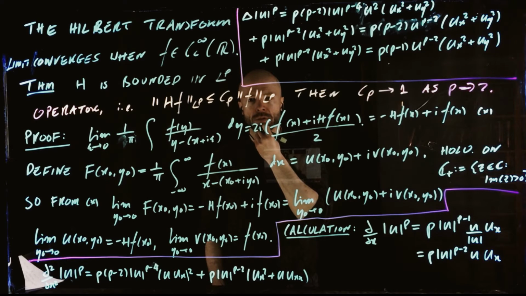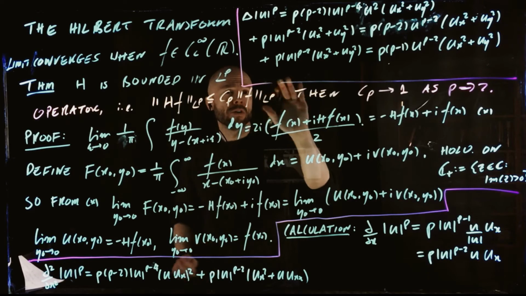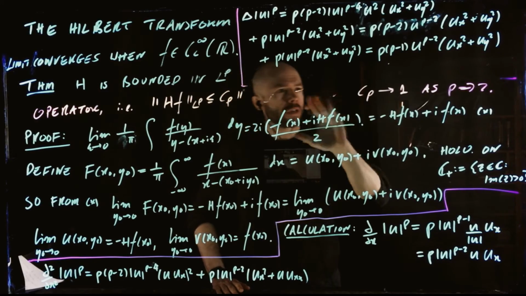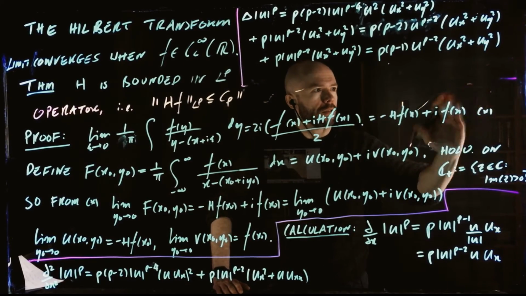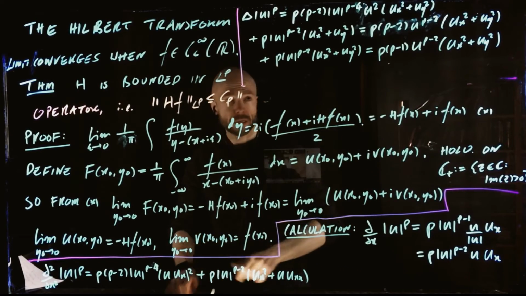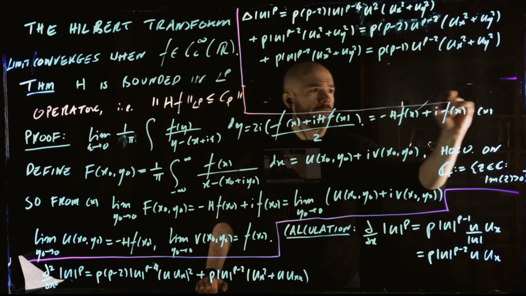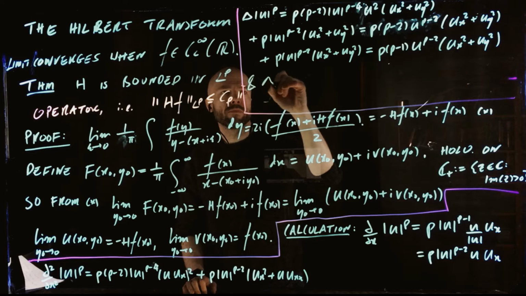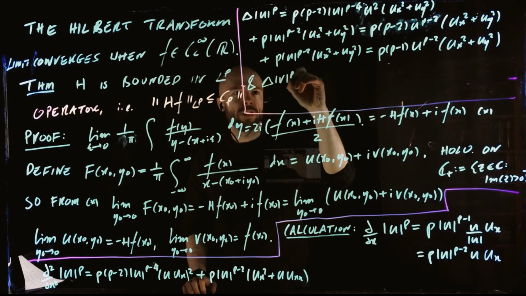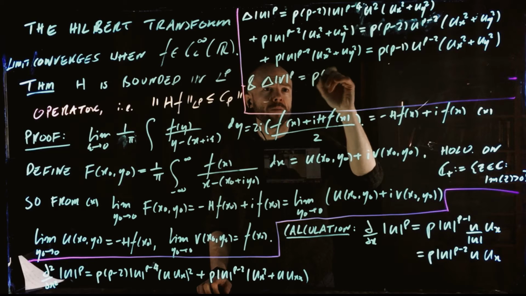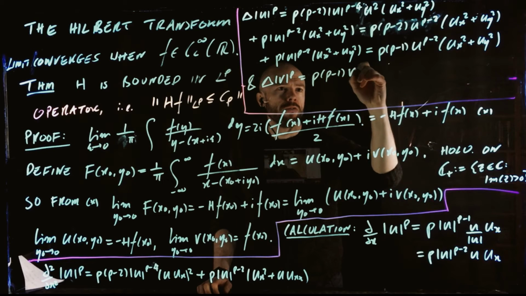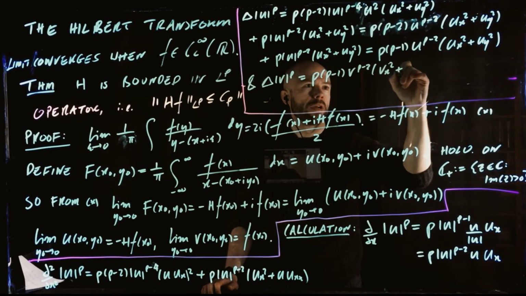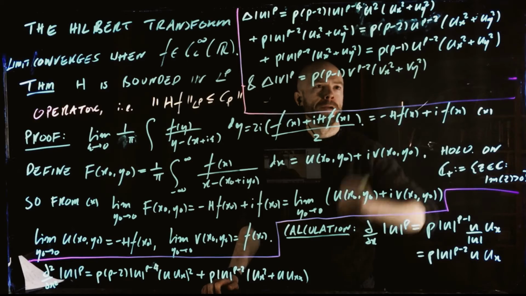Yeah? Cool. And if we do this for the y coordinate, then we'll have something extremely similar, because this calculation didn't use anything specific about u except that it solves the Laplacian. So if we do this for v, then we're also going to end up with this expression p minus 1, v to the p minus 2, and then v of x squared plus v of y squared, right?